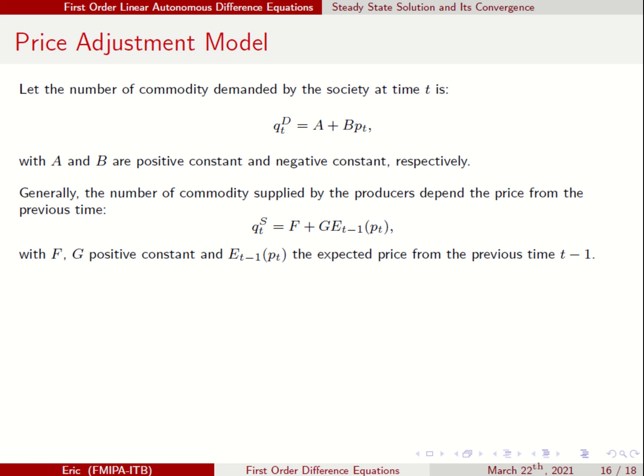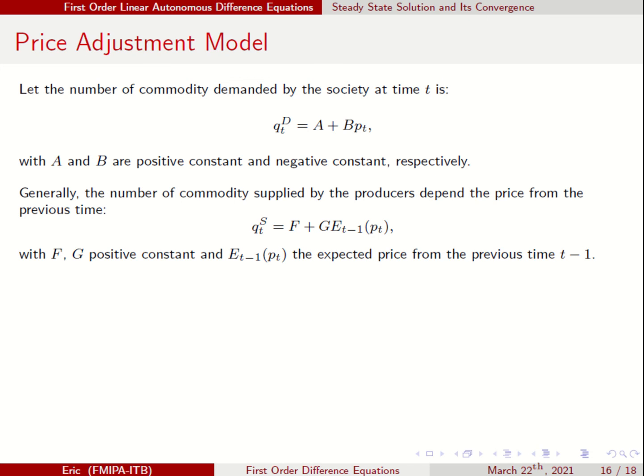So f and g should be positive, non-negative constants. How you supply a market depends on your expectation of the price in the previous period. So it depends on the expected price at time t minus 1. It makes sense, doesn't it?